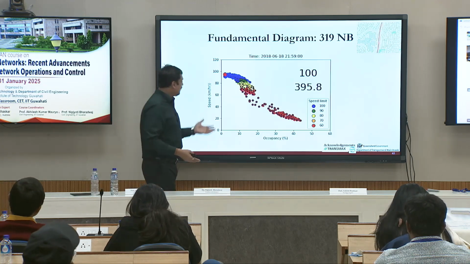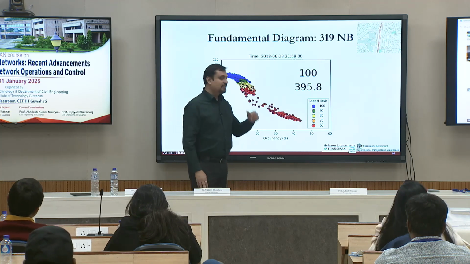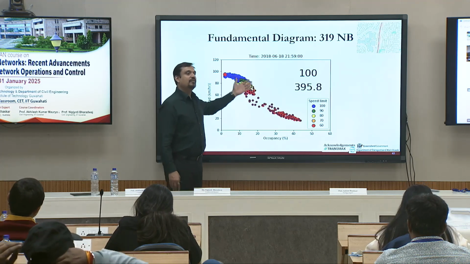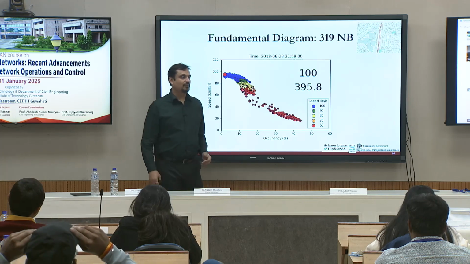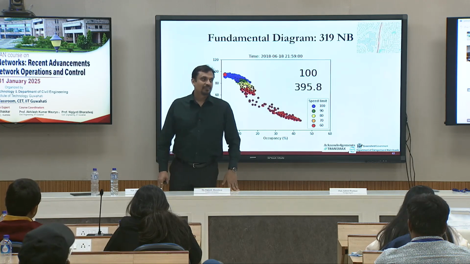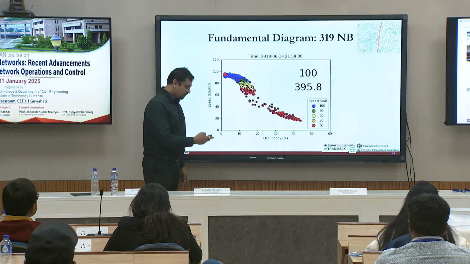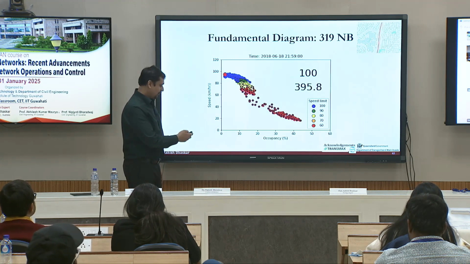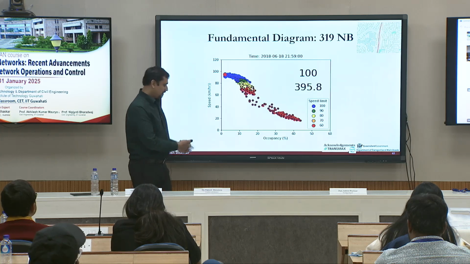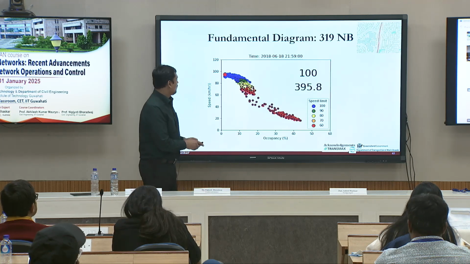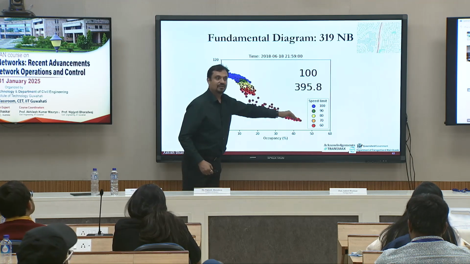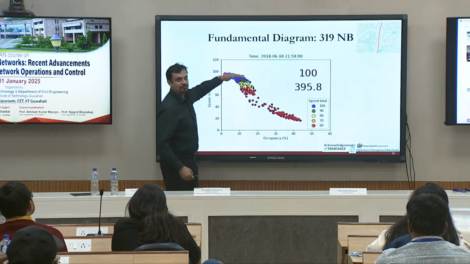There are various models. I didn't put the equations here, and maybe I will get the slides for that also. There are a number of equations for it, and then you try to calibrate the fundamental diagram based on your observations. Like a simple one that was discussed earlier. Here you can think of a parabolic equation after a certain speed.